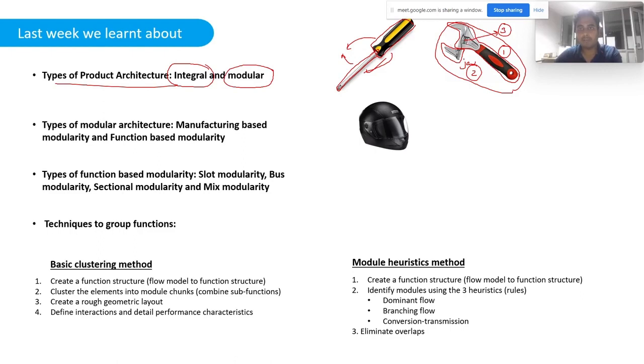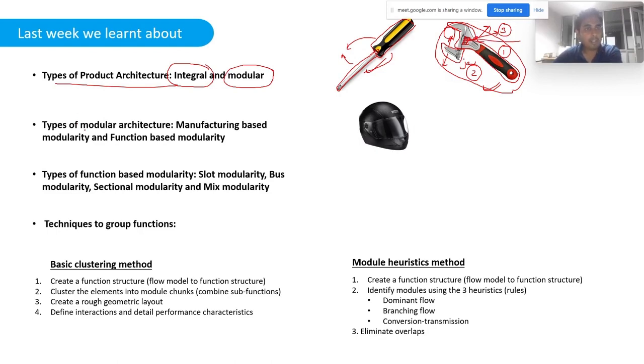So combinedly these two jaws are used to hold a screw. However, when you rotate this particular screw, this particular jaw moves towards this particular jaw or moves away. So because there is relative motion and the functionalities are different, this is a modular architecture. One can remove this particular thread and replace it with something else if required in future.